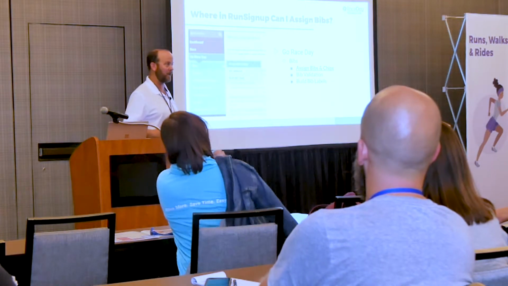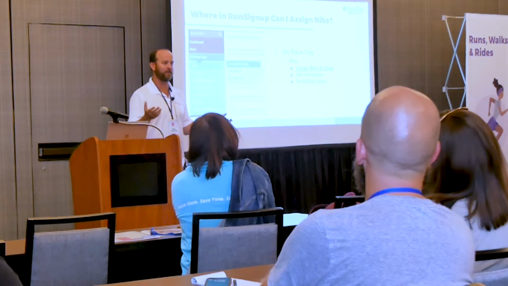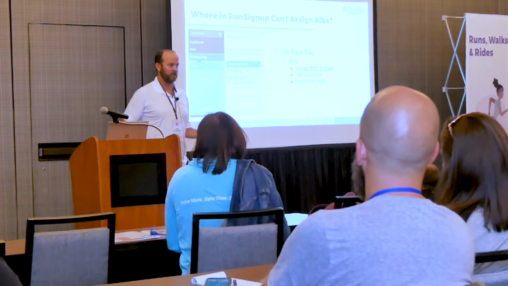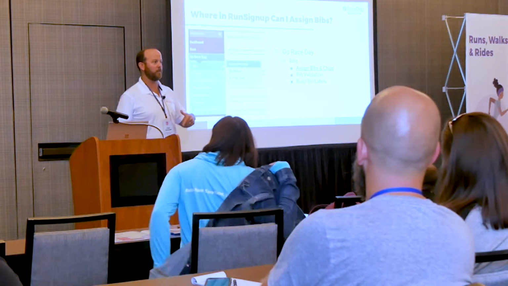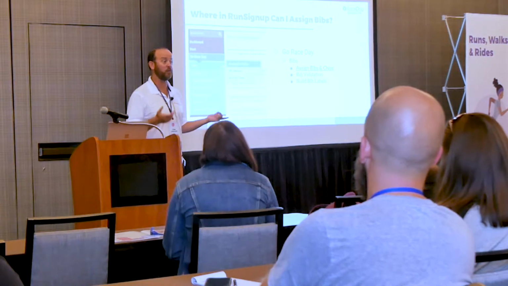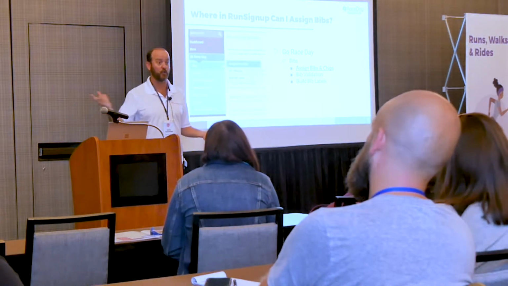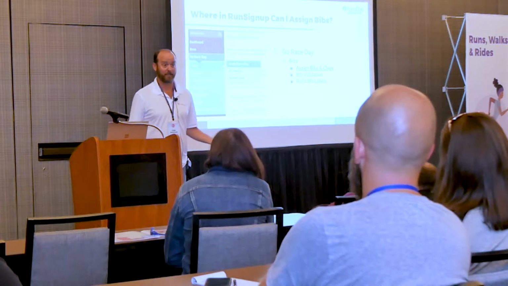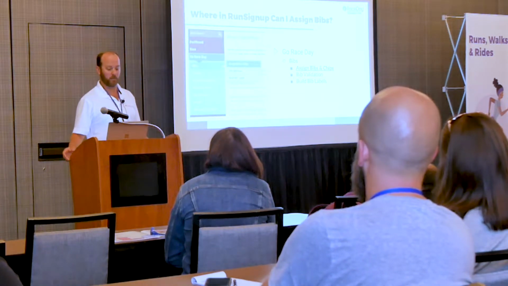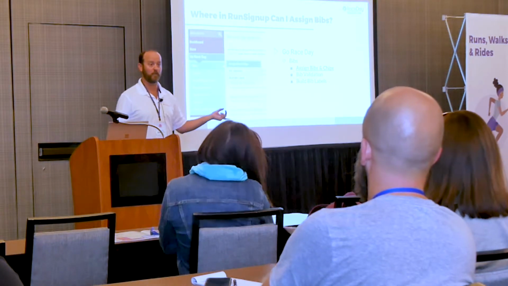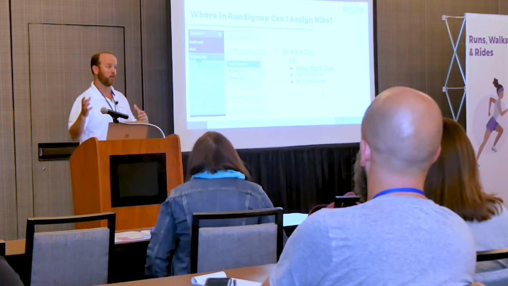The reason is, if you give bib number 15 to Samuel, and it says Samuel across it, and two weeks out Samuel decides to defer, and so 15 is no longer assigned, you don't want 15 reassigned to Julie, because she's going to get bib number 15 with Samuel on it, and she's not going to be excited about that. So by doing bib validation, you're basically saying it doesn't go back into the pool if you have a deferral or a refund or a cancellation or something like that.